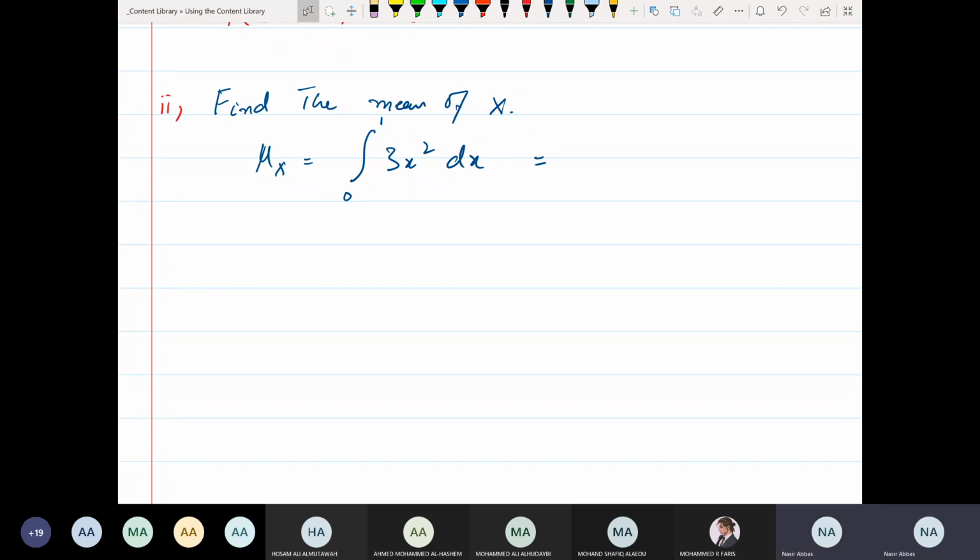Now here the integral of x squared is what? It's 3 times x cubed over 3 from 0 to 1. Oh, we missed one thing.